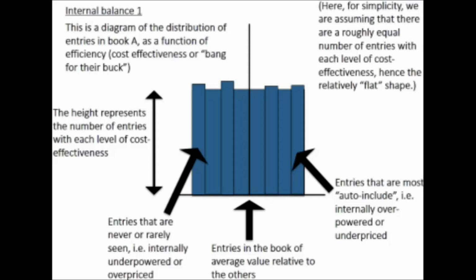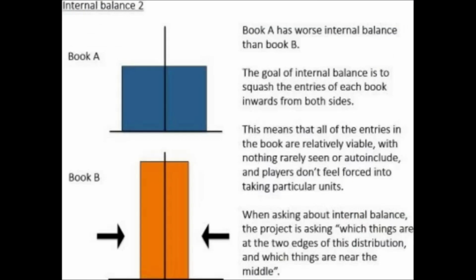Well, let's see another graphic. Here, every book has those entries. Here we've got two army books, book A and book B. If you look closely, in book A the entry on the most left is far further away from the average in the middle than in army book B. And that's the same with the entry on the most right.